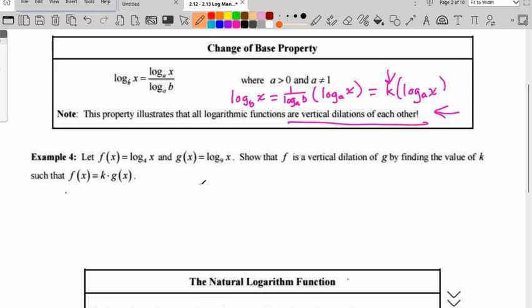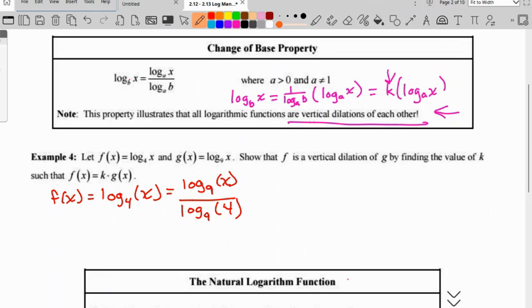So if we take our g of x, log base 9 of x, and rewrite it, and I think we want to do it the other way. Yeah, so f of x equals log base 4 of x. And if we do a change of base to get it to be log base 9, then that would be log base 9 of what we were taking the log of, which is x, over the log with the new base of 9 of our old base, which was 4.